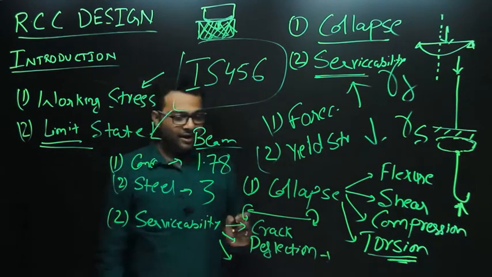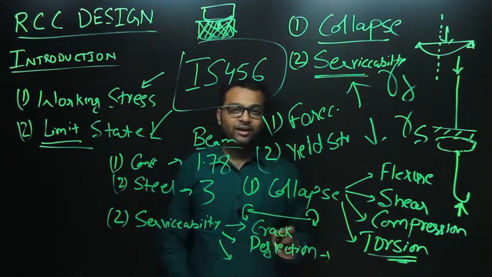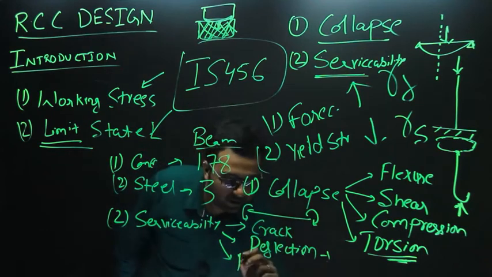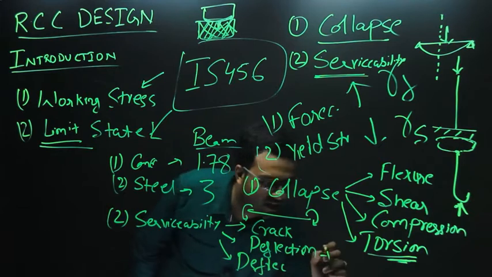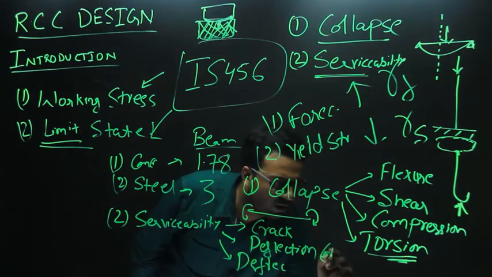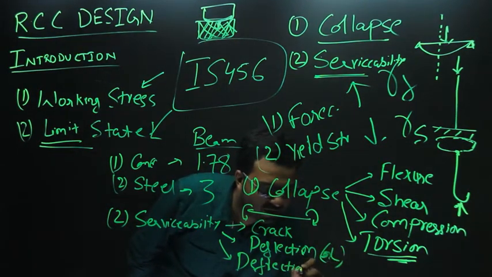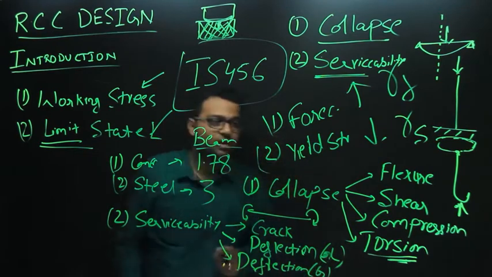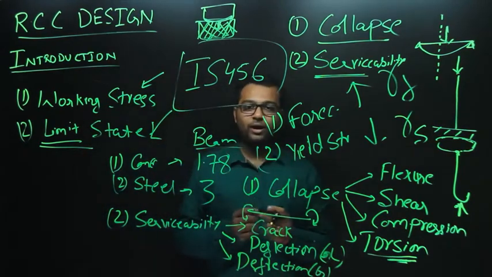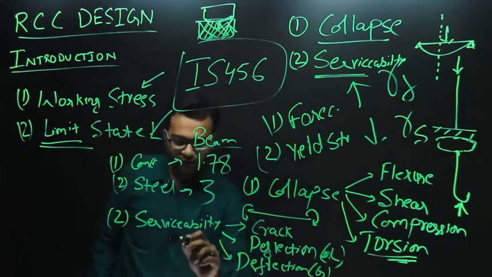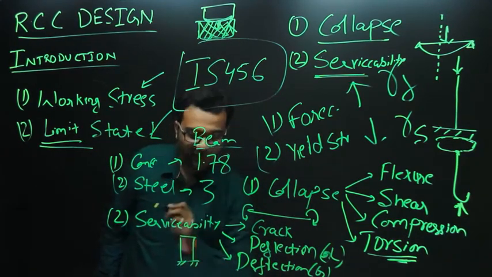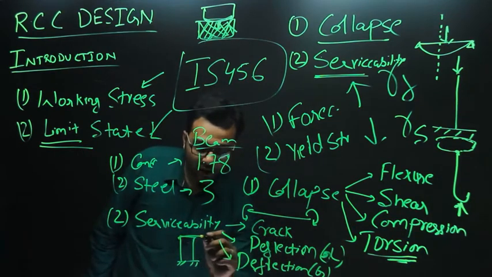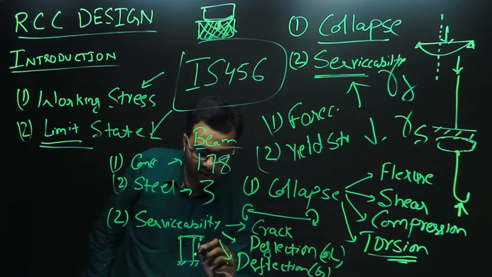Okay. And then what can be another kind of serviceability criterion? Deflection of the overall member. This I'll call deflection local. This I'll call deflection global. What do you mean by deflection global? Say there is a 5-story building which is supposed to be standing straight, and it gets swayed like this.